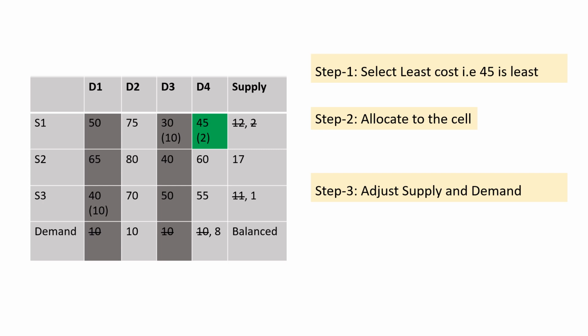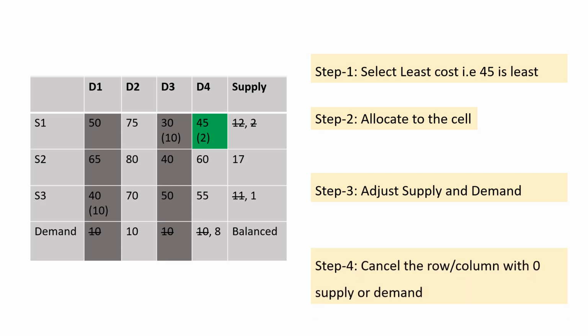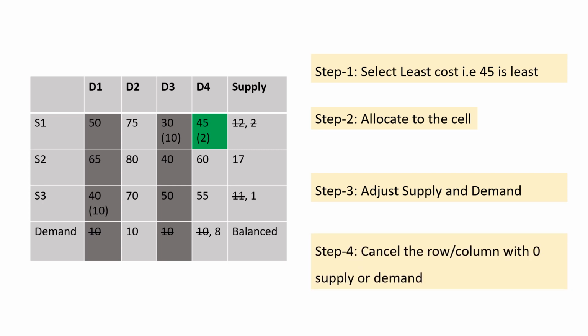Now let's delete the column or the row having 0 supply or demand. Here the first row has 0 supply, so we cancel the first row.